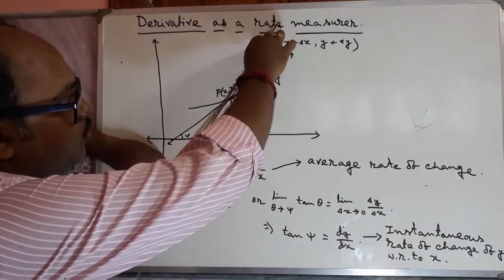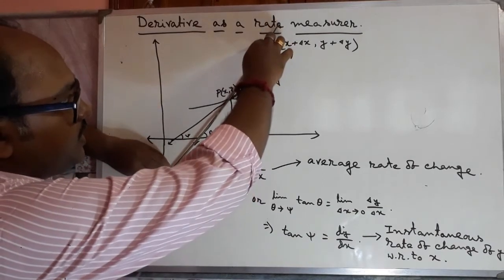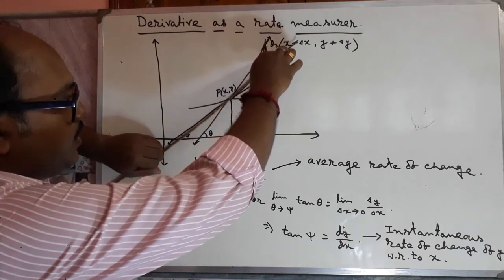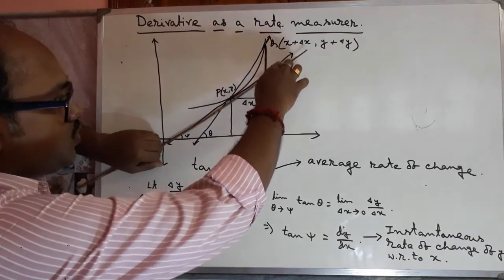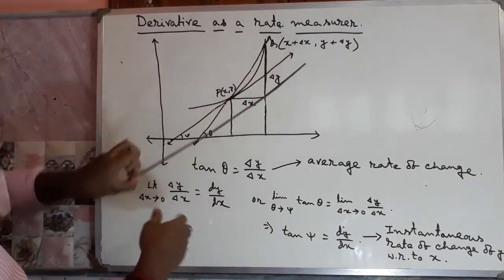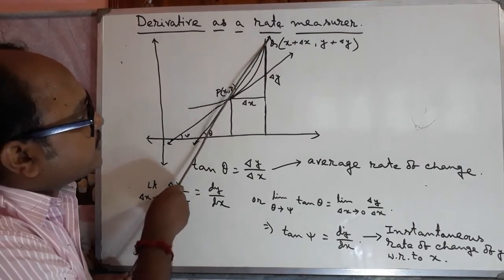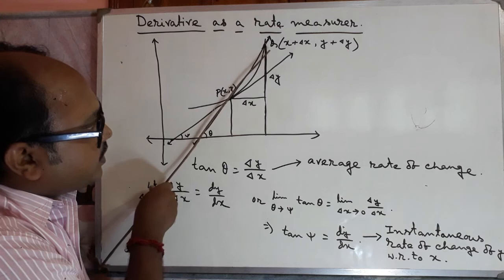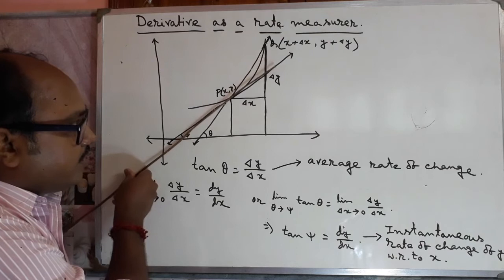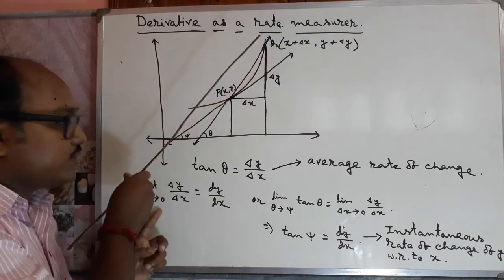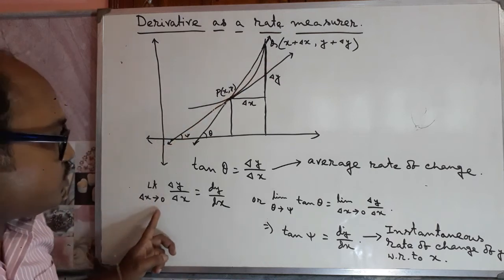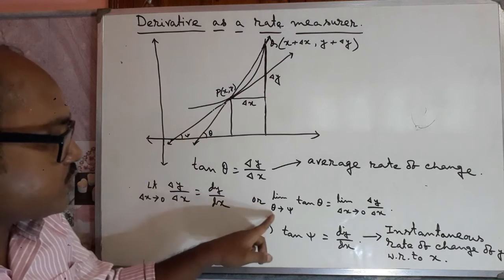This point Q moves along this curve, then this chord also will move like this, and when delta x tends to 0, this chord will be the tangent at that point P. As Q moves along this curve, the chord is also moving, and at the point P, when delta x tends to 0, it will be the tangent. So delta x tends to 0 can be said as theta tends to psi.